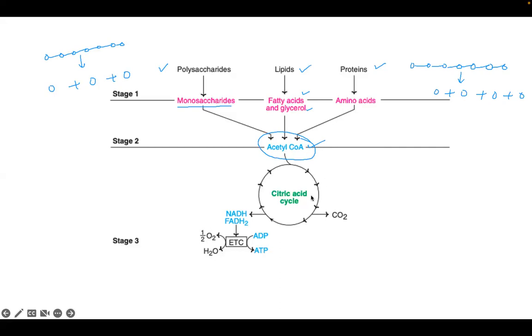The citric acid cycle, also known as the TCA cycle, tricarboxylic acid cycle, or Krebs cycle, produces a lot of energy in the form of ATPs after a series of reactions. Again, this is a metabolic pathway.